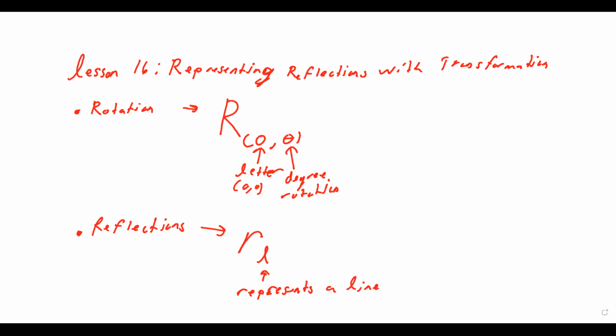Sometimes you might actually see this called the x-axis because that is a line. Sometimes you'll see the y-axis because this is a line, or some other random line. Another line that typically people like to use is y equals x. This is a parent function of a linear function. But we're not going to say y equals x here.